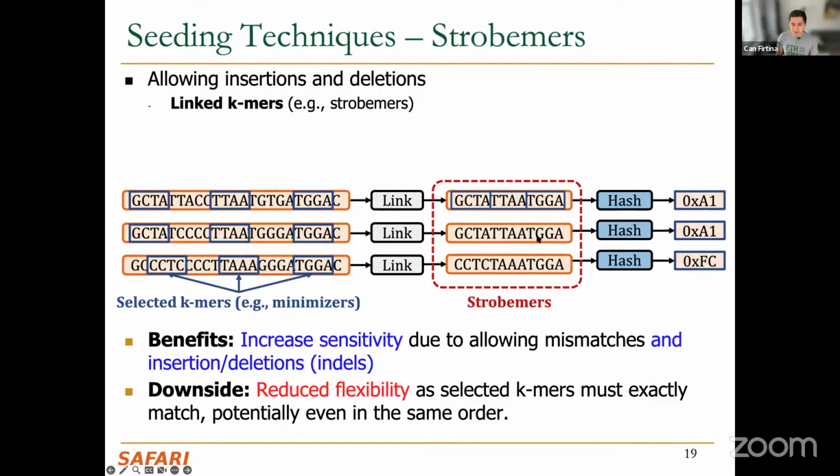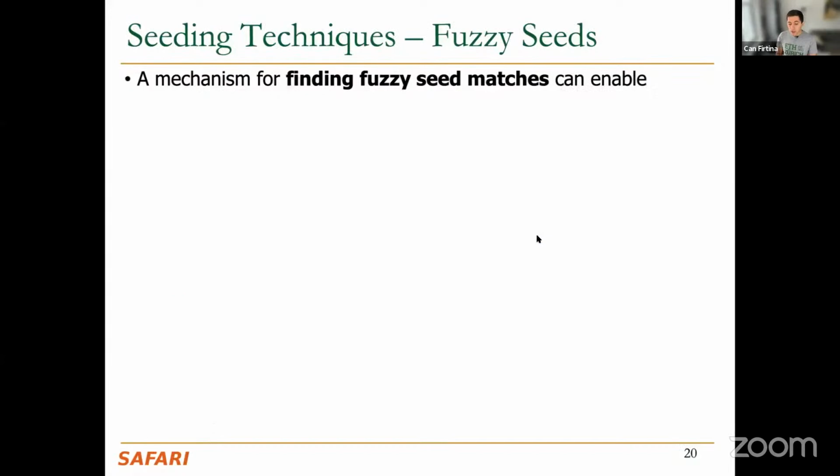And this is still something that we want to avoid. Even though we generate the seed sequence, it may not exactly match some other seed sequence, but maybe it includes only one or two mismatches.